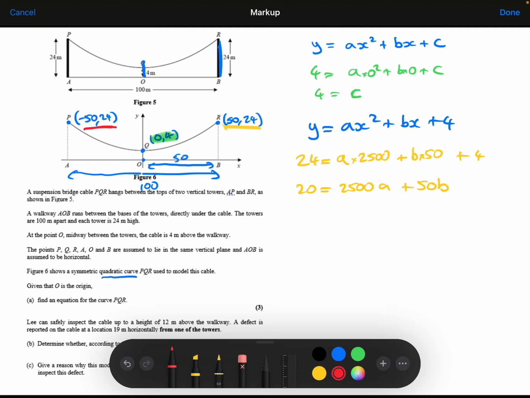So let me substitute the 24 in for the y and the minus 50 for the x. So we've got a times minus 50 squared, which is positive 2,500. Then we've got minus 50 times b, and then the plus 4. And then again, subtracting the 4 from both sides.